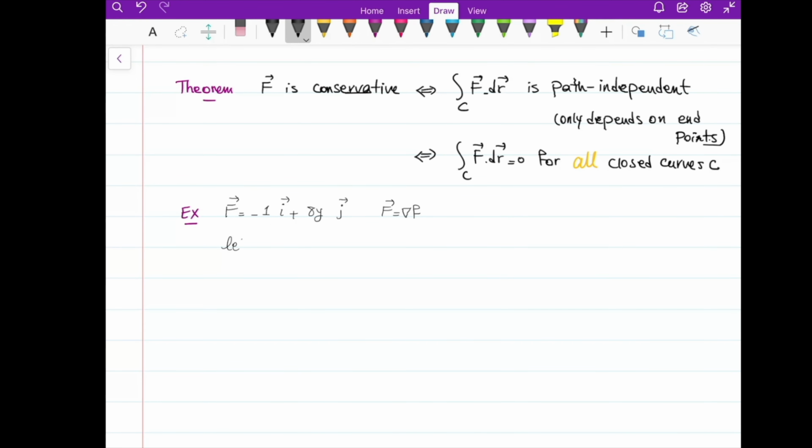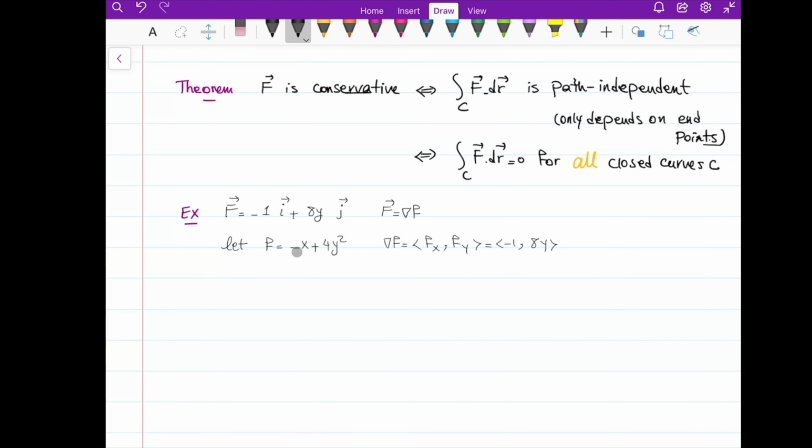Let the function f be equal to negative x plus 4y squared. And then if you find the gradient of f, which is fx and then fy, as you see, the partial derivative with respect to x is negative 1, and the partial derivative with respect to y is 8y.